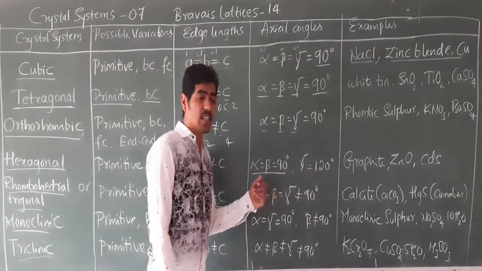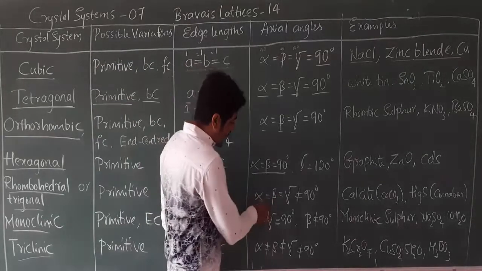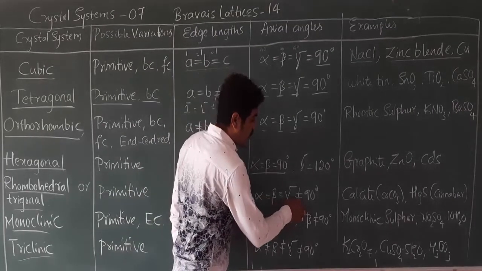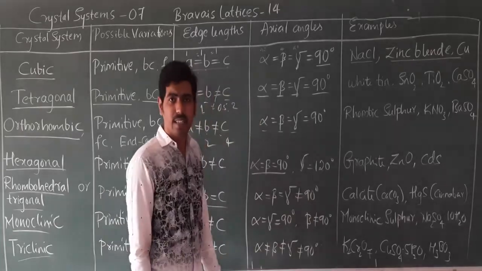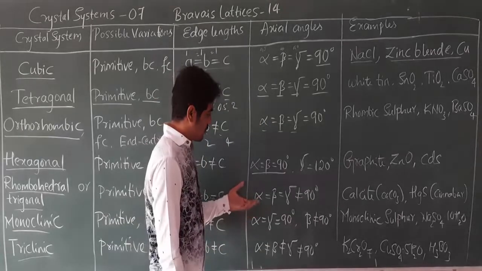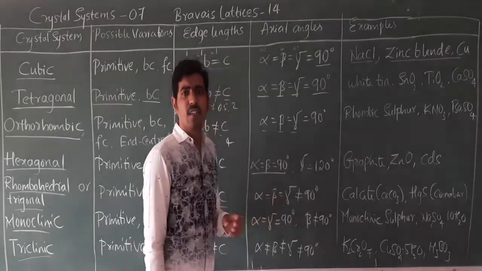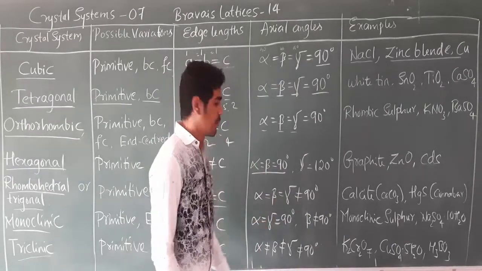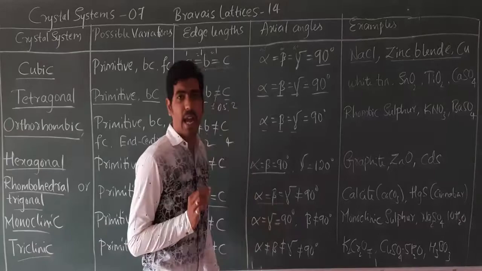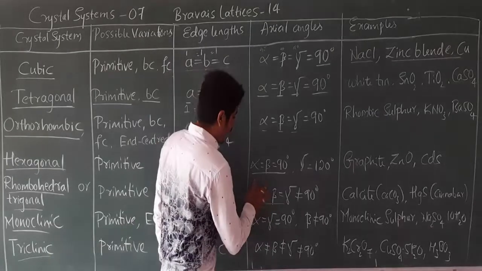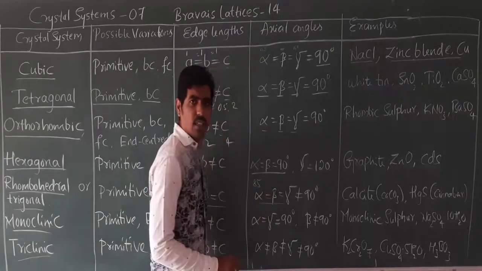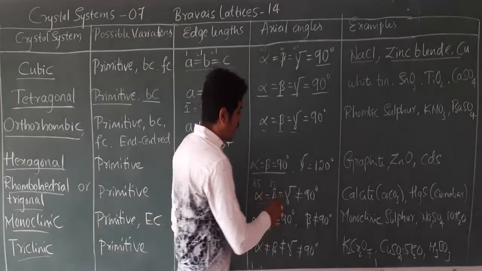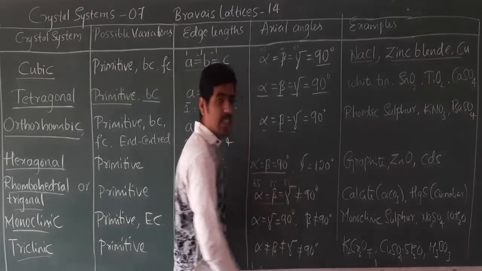And angles, see, alpha is equal to beta, beta is equal to gamma, and this is not equal to 90 degrees. That means these do not have the angle 90 degrees. They may have different angles, but all have the same angles. For example, if alpha is 85 degrees, then beta is also 85 degrees, gamma is also 85 degrees.